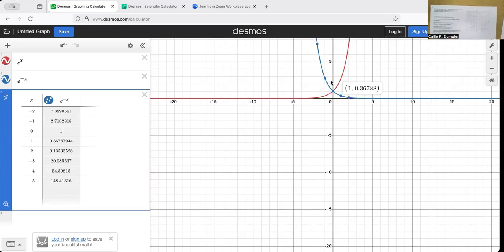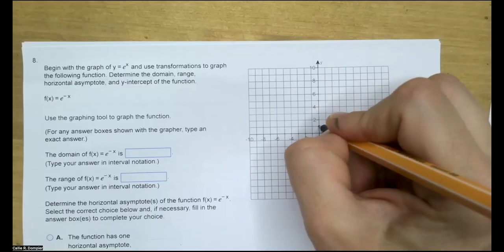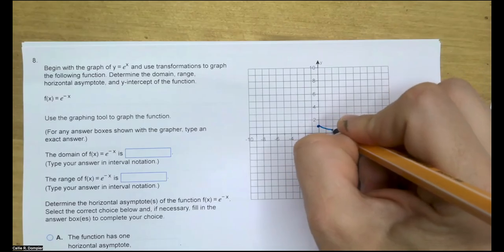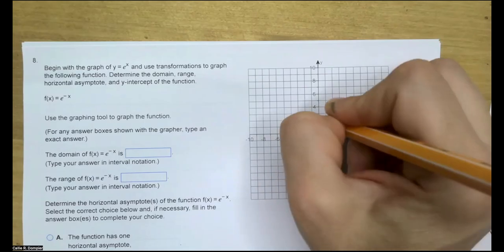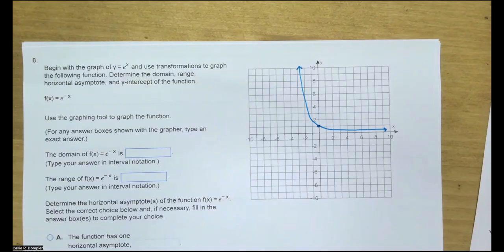All right, so you just want to go through (0, 1), and then make it go down on this side and up on this side. Good?